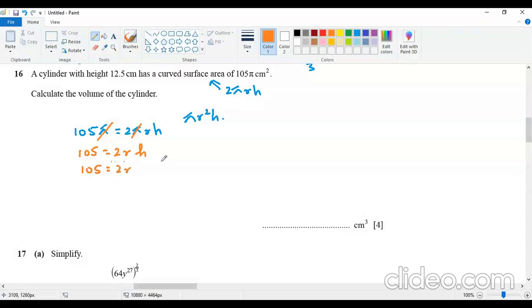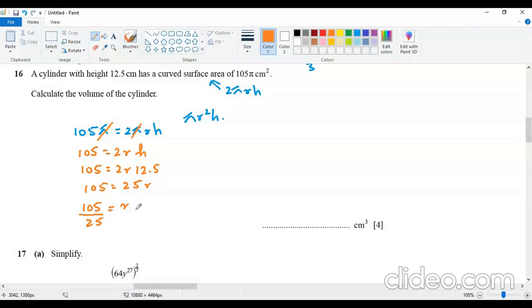The height is already given, 12.5, so 105 equals 25 r. So the radius is going to be 105 divided by 25.